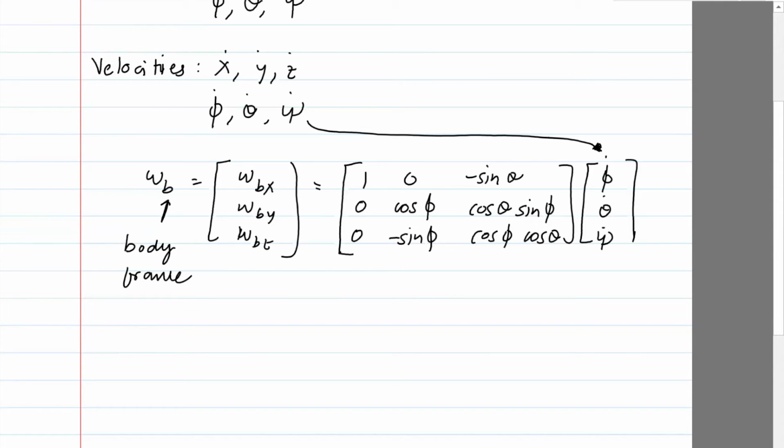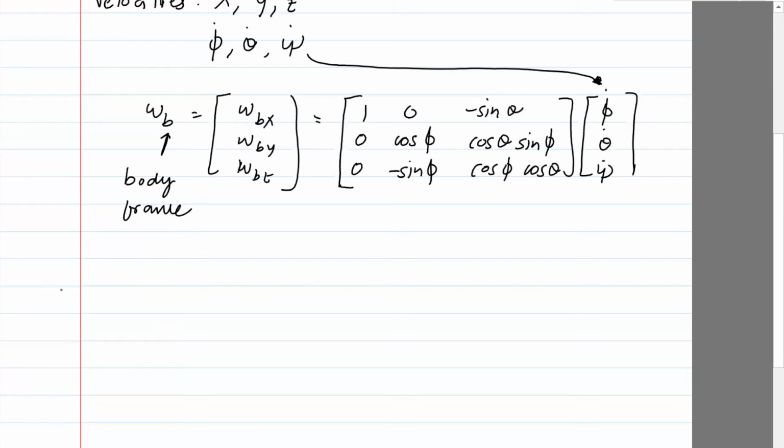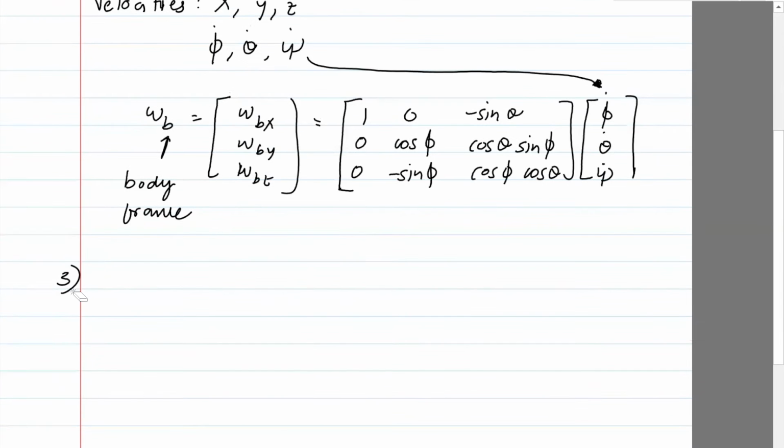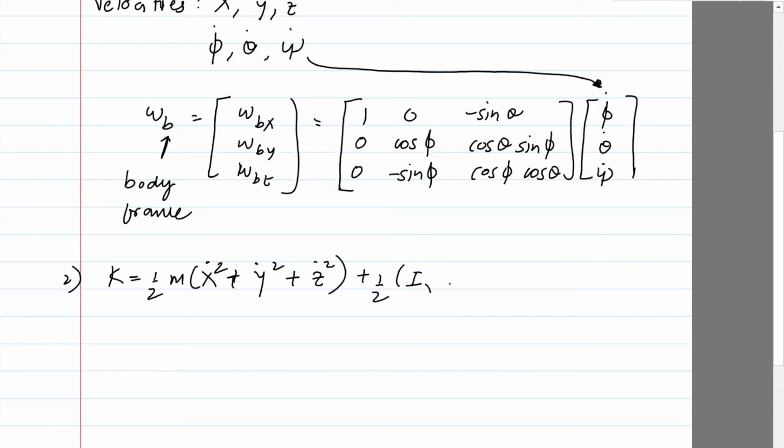Let's now write the kinetic and potential energy. Step 2: the kinetic energy is half the mass times the velocity, x dot squared plus y dot squared plus z dot squared, plus half the inertia about the x-axis.